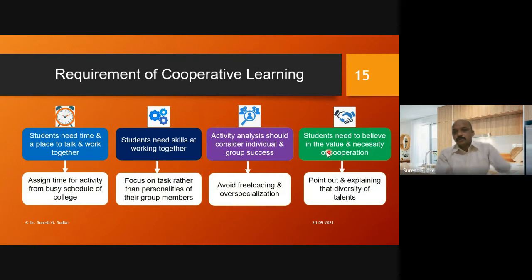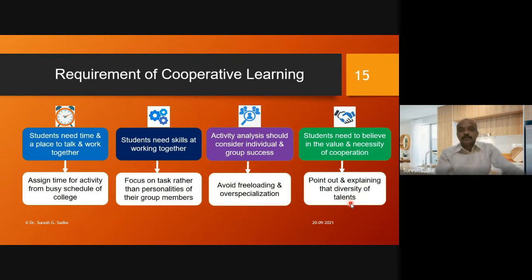Students need to believe in values. They should respect the feelings of one another. There is a necessity of cooperation. We should point out and explain the diversity of talent. In the second slide only, I have told you, everybody is unique, and that's why everyone has their own talent.